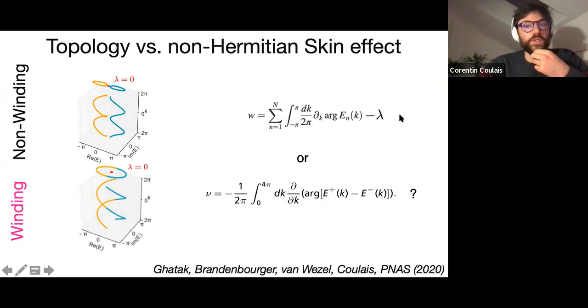But we now have evidence in a slightly different system where the mode can travel, can transit from being inside to outside. And there it's really the skin effect that is responsible for this topological transition.